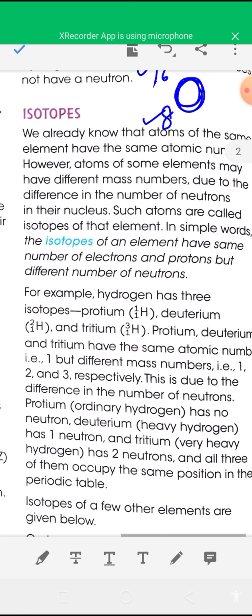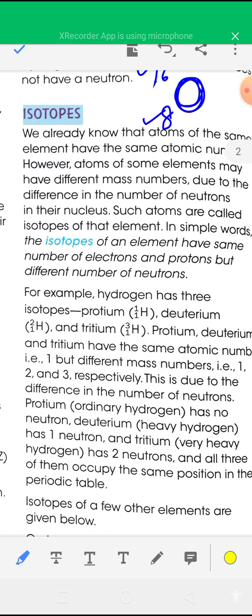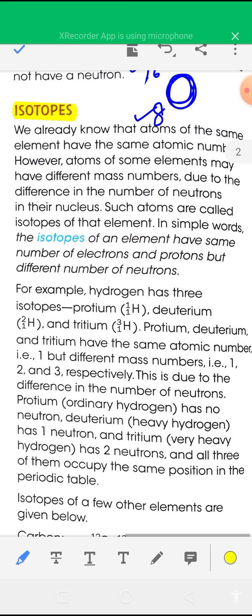Now see what is an isotope. Isotopes are atoms of the same element having the same atomic number but different mass number. In simple words, isotopes of an element have the same number of protons, same atomic number, and the same number of electrons, but a different number of neutrons.